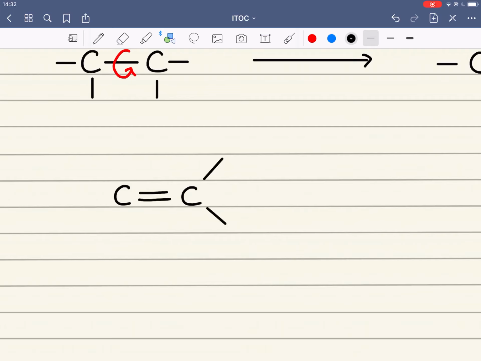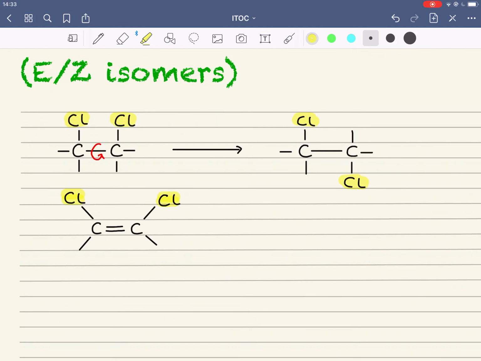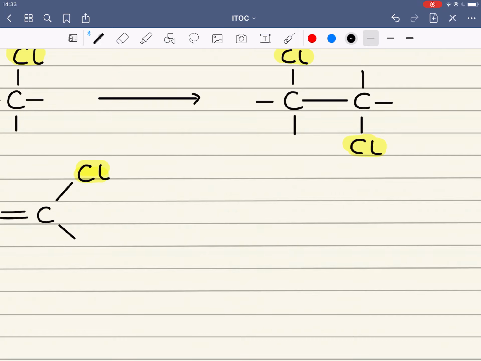Consider the next molecules that I'm going to draw. Here I'm going to draw 1,2-dichloroethene. And again, I'm going to draw the chlorines here above the carbon chain. But because there's a restricted rotation around this carbon-carbon double bond, this molecule here is not the same as this molecule here.